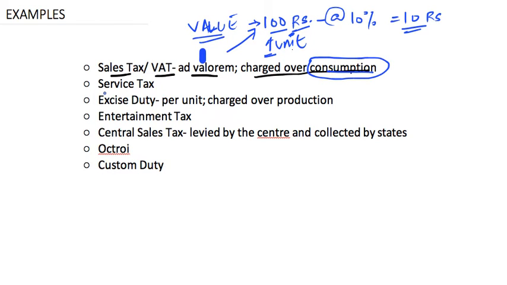Okay, let's talk about the second one, service tax. Service tax is a tax which is charged on the sale of services. This is important because VAT is chargeable only on the sale of goods and service tax is charged only on the sale of services.